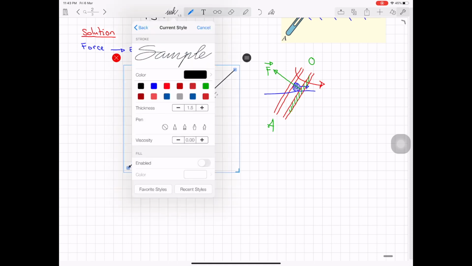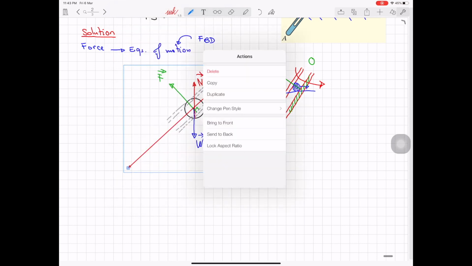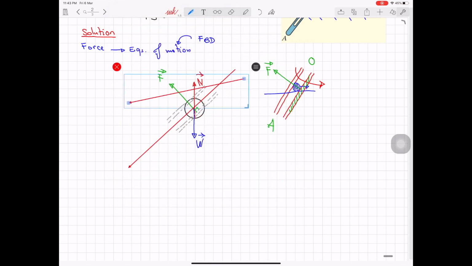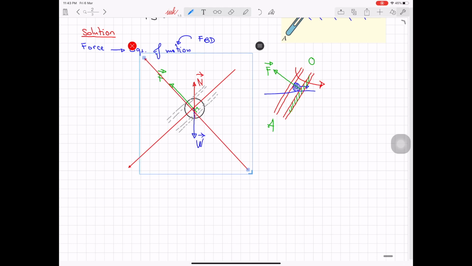Let me write here in red. The transverse axis is perpendicular to the radial axis, and it will pass through F, because F is perpendicular to the arm OA. So this is the radial axis, and this is the transverse axis.